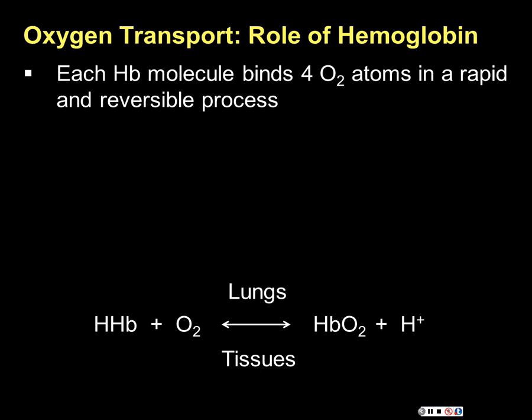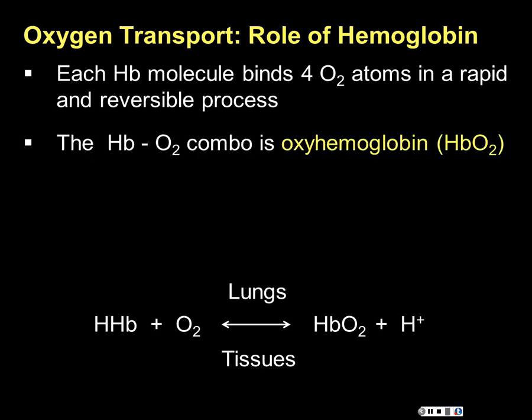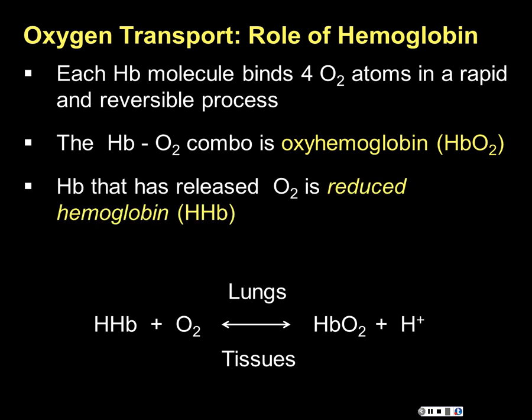If we look at some technicalities of hemoglobin, if hemoglobin is bound with oxygen, it's called oxyhemoglobin. You can abbreviate it HbO2. And the hemoglobin may be reduced if it lets go of oxygen. If it releases oxygen, it's got to bind something, and it will tend to bind, what do you think? What can it bind? Hydrogen ions. So in that case, we would call it reduced hemoglobin.